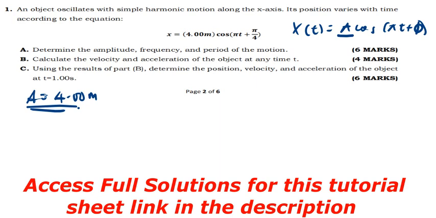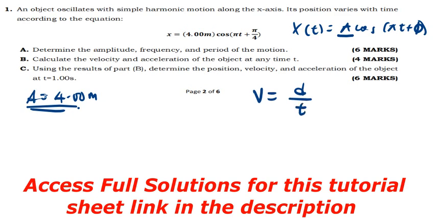And then we also want to find the frequency. But before we find the frequency, I want you guys to understand that if an object is moving under simple harmonic motion, then this is true. Velocity is equal to distance over time.